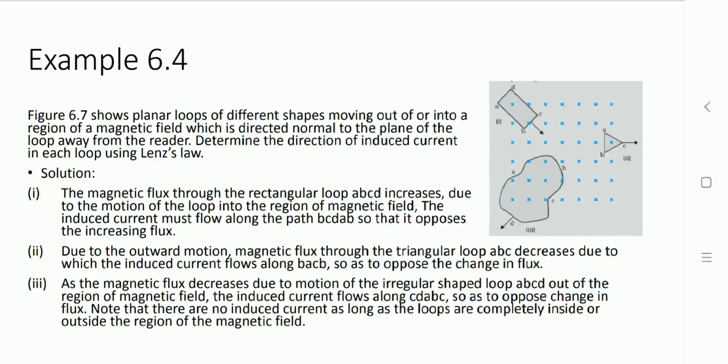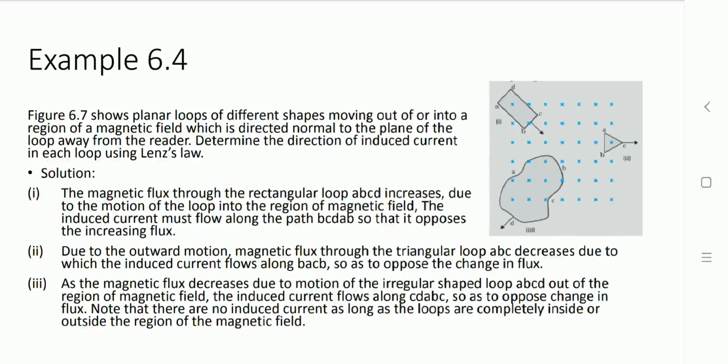It is coming out of the field. So again over here we can say that the magnetic flux and the current direction are opposite, and the current is in the clockwise direction. So my current is flowing in the direction A, B, C, D, A, or C, D, A, B, C.